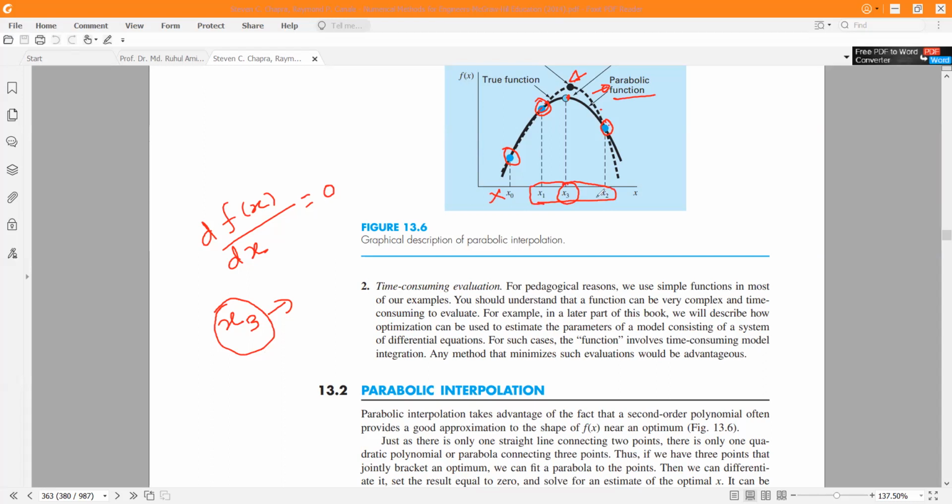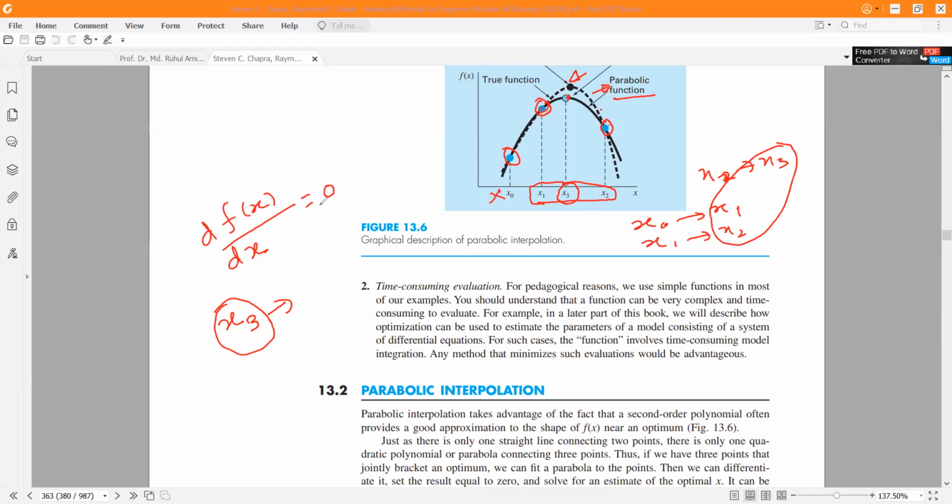Then again we can repeat the process using these 3 values, where your x0 will be replaced by x1, your x1 will be replaced by x2, and your x2 will be replaced by x3. In this way, we will have another parabolic interpolation. Then this interpolation can again be repeated to find another new point that will be the final approximation to the optimum. In this way, we can go.